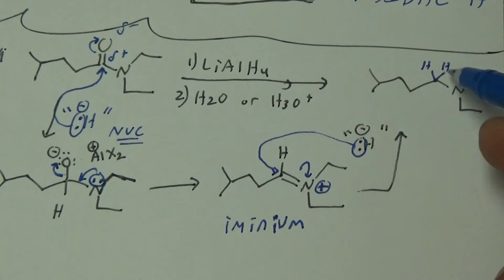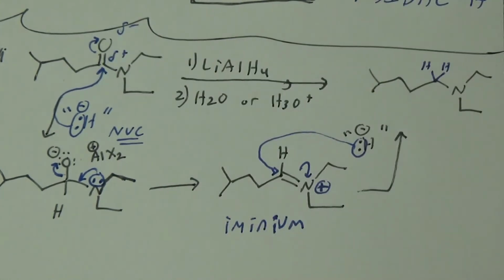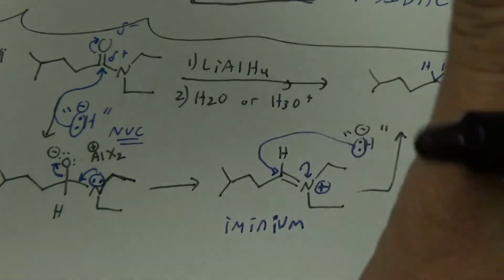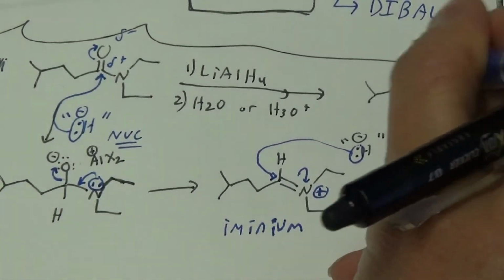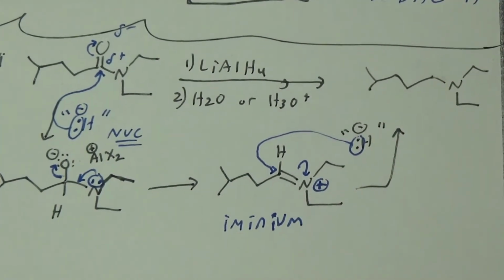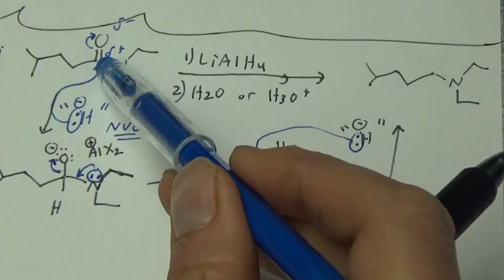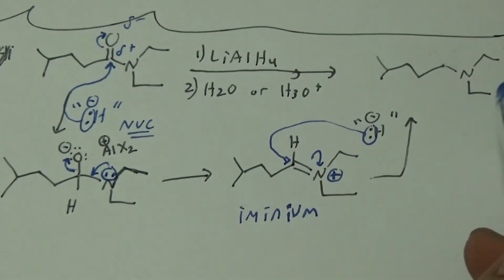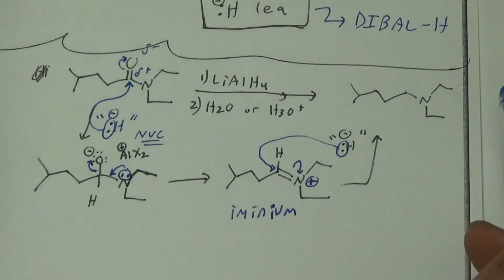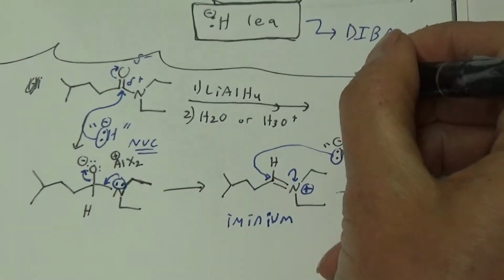So the two H's we added are there, and they basically replace the double bond O. And I'm just going to erase those because we know where they are. And now you can really see what the difference is between starting material and product. It simply removes the double bond O. That is what the double reduction of an amide looks like with lithium aluminum hydride.